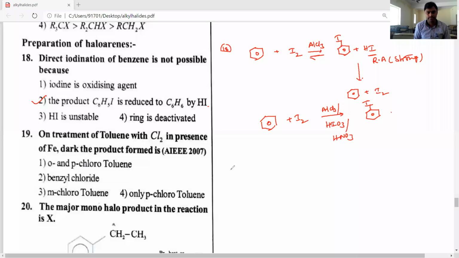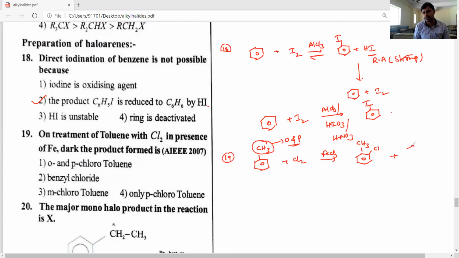Now the toluene. Toluene means C6H5-CH3. On chlorination in the presence of FeCl3, what is the product? Ortho and para, because the CH3 group is an ortho and para directing group.